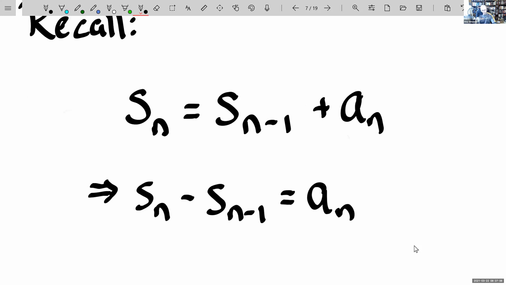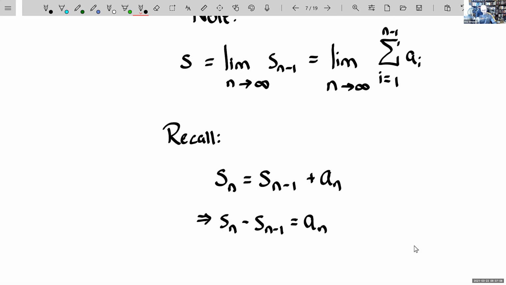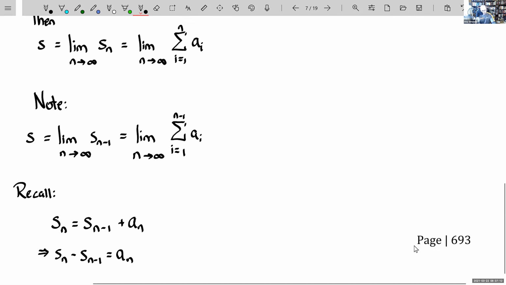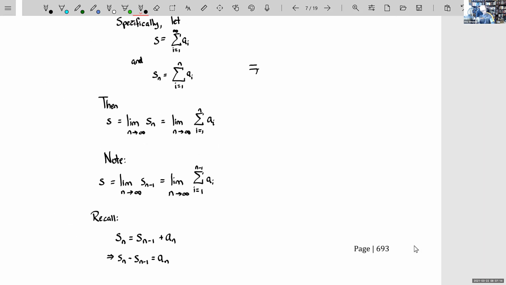Well, this implies, and I see that I'm at the bottom of my page, so I'm just going to go over to the right here, this implies that the limit as n goes to infinity of S sub n minus S sub n minus 1 must equal the limit as n goes to infinity of a sub n.